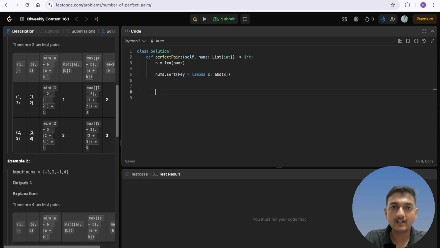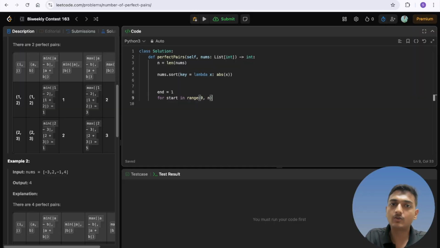My end can start from 1, and for start, I will use a for loop in range n, so it is basically 0 to n minus 1. Now I need to check whether end is less than n, and the absolute value of nums of end is less than or equal to 2 into the absolute value of nums of start.